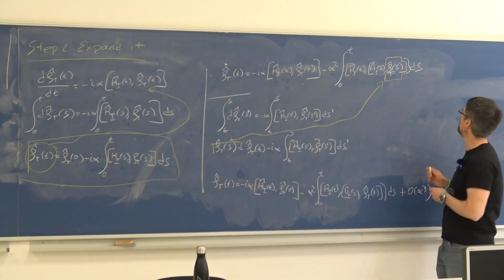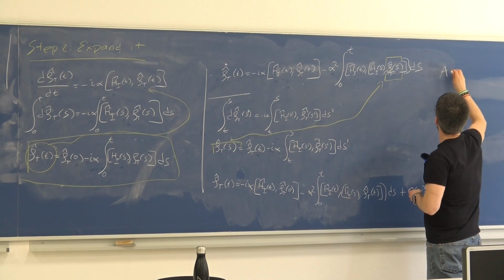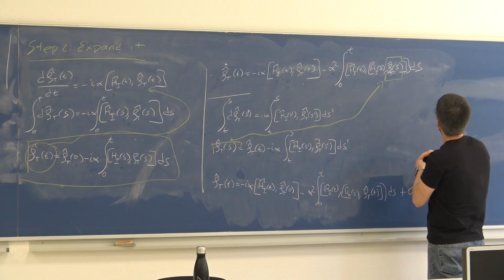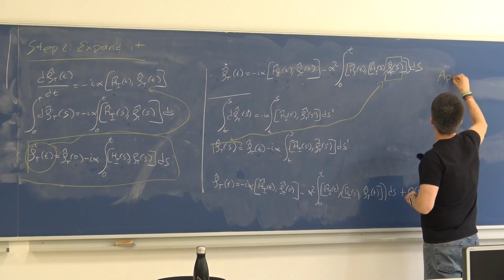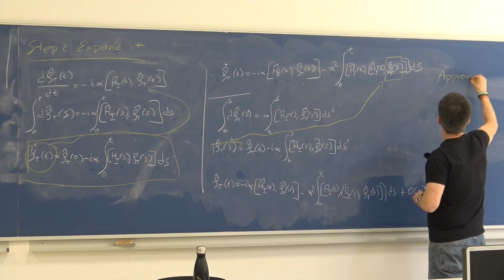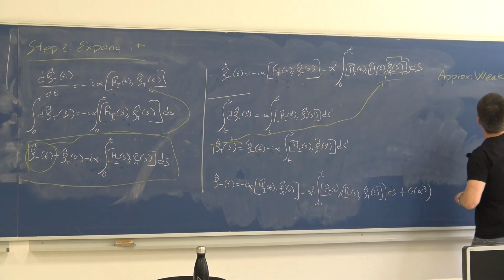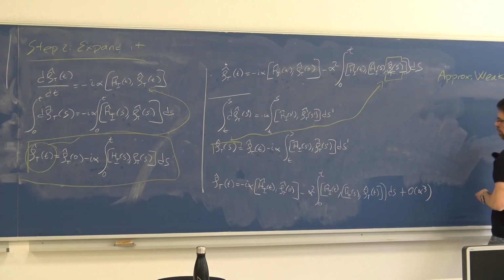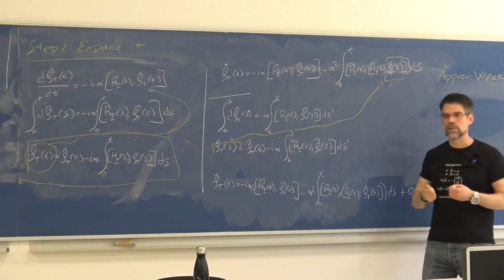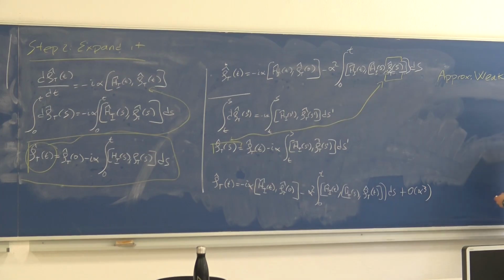So the first approximation we're going to do is that we have weak coupling between our system and our environment, meaning that this alpha is small.